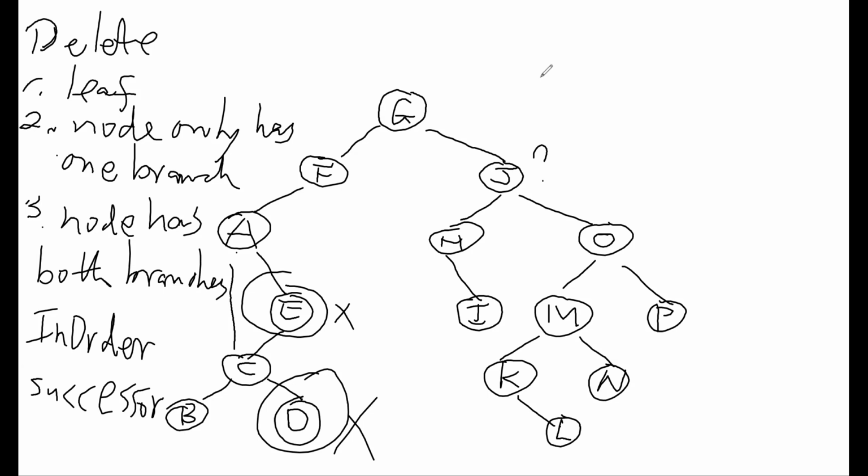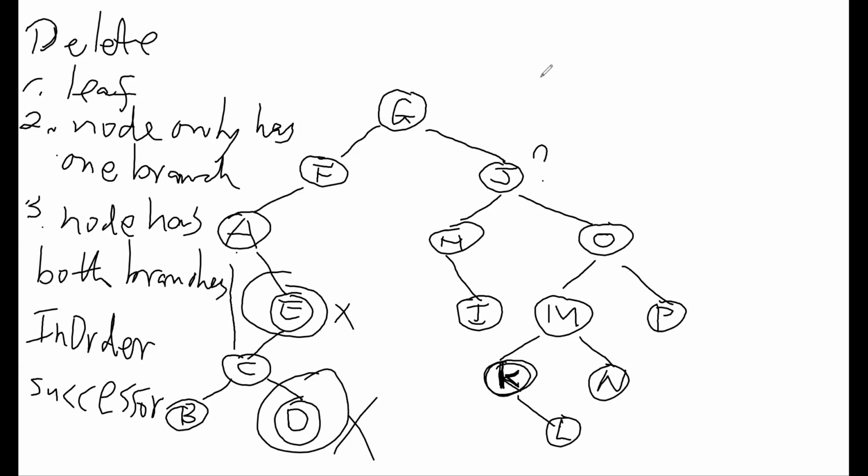We know that if you do the in-order visit, it will be in ascending order. So by the tree we discussed yesterday, you just follow the right branch and all the way go to the left, and K is the in-order successor. So this node is the in-order successor.